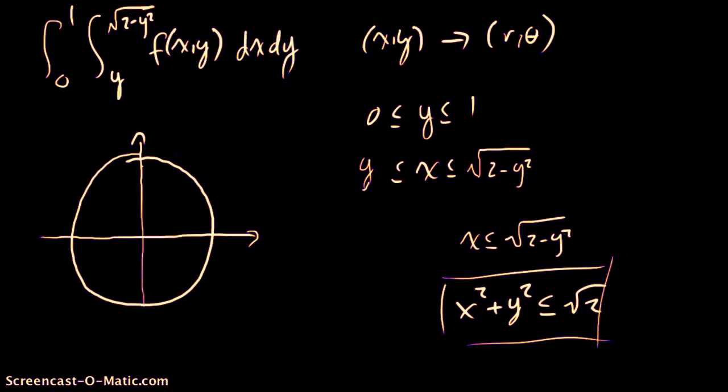And I'm going to say that that has a radius of the square root of 2. So we already found the r part, and the other function is going to be the function y equals x.